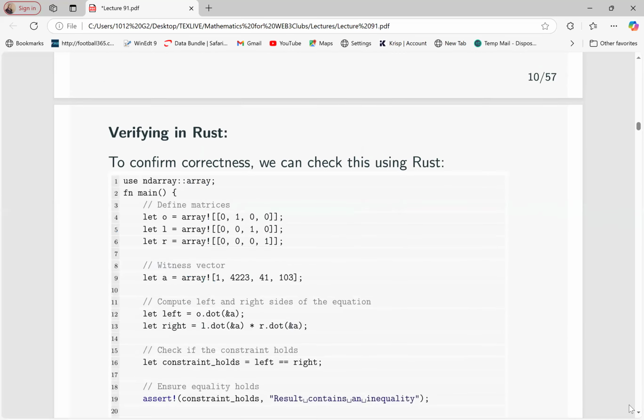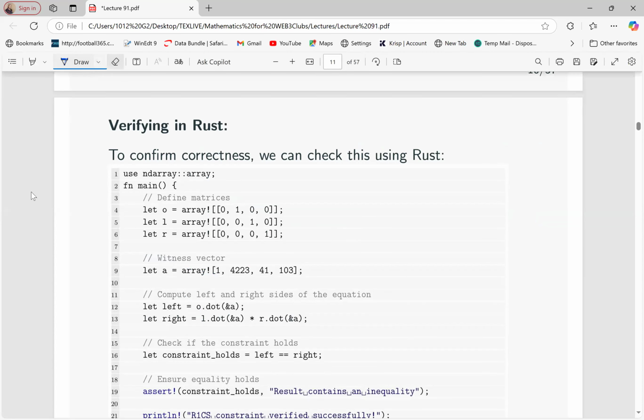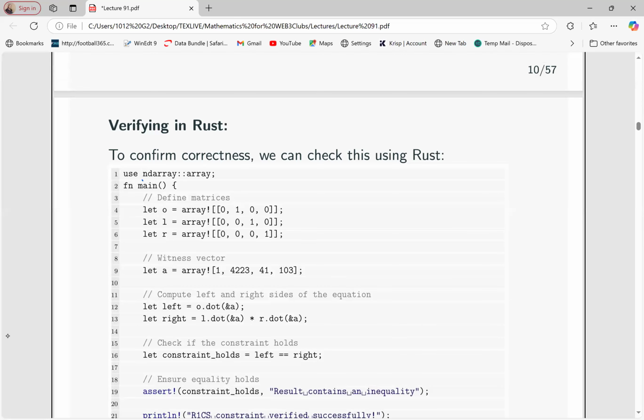Now, the Rust code to verify this calculation is this. I'm using ndarray, just to come up with the matrices. These are arrays. And then we have the main function, where I define the matrices.